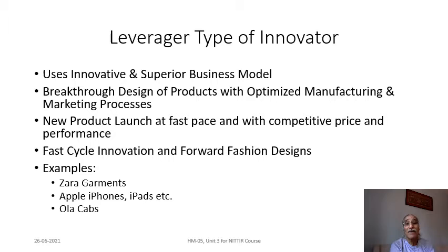Then we have the leverager type of innovator, who comes up with innovative and superior business models. And we have an enormous amount of innovation in the marketplace today, where services have become the leaders in quality assurance.